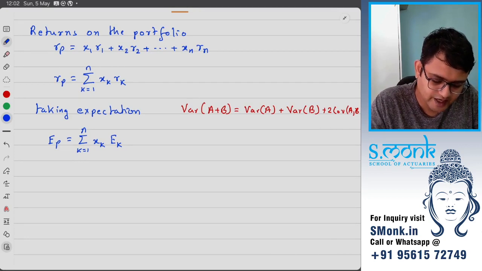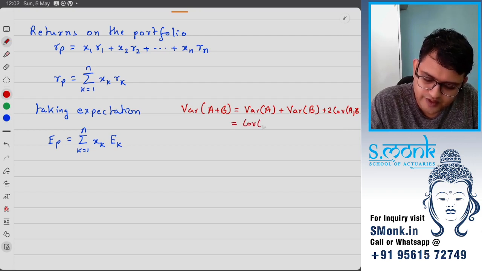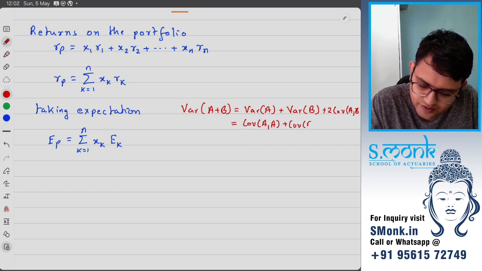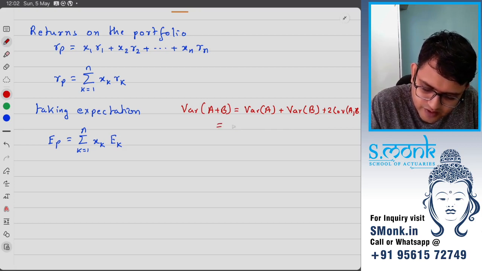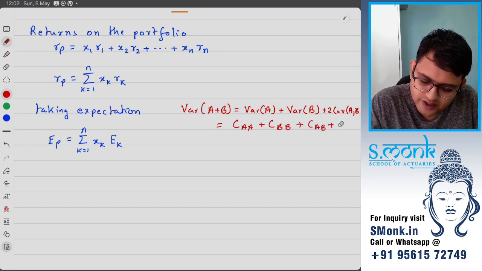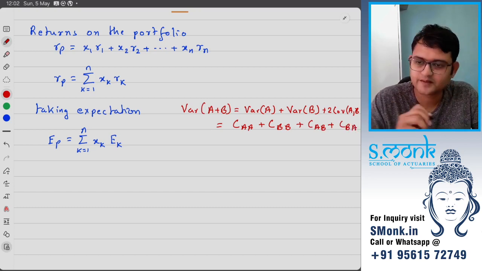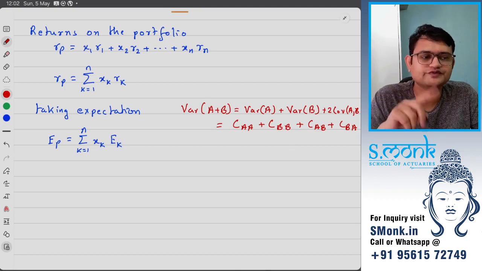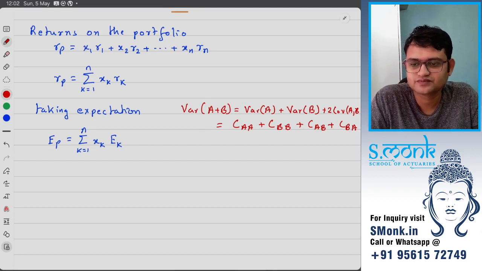I can also write this as covariance of AA plus covariance of BB, I'll write it as CAA plus CBB plus, instead of writing 2 times, I can say CAB plus CBA, because covariance of AB and covariance of BA are exactly the same, right?